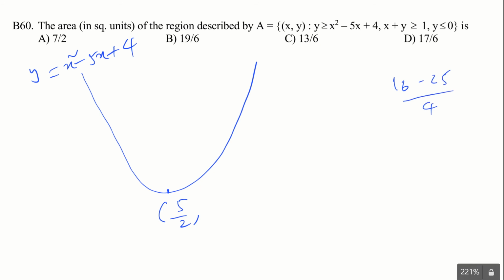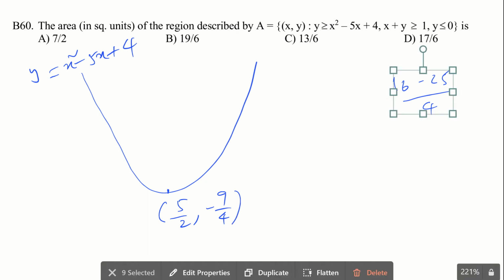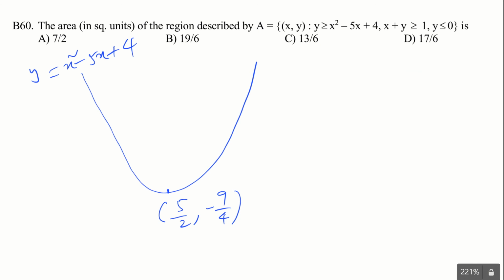So I am getting it as minus 9 by 4. Now I understand that it is coming below the x-axis. He said y less than or equal to 0, means this side of x-axis we have to take. So below the x-axis.